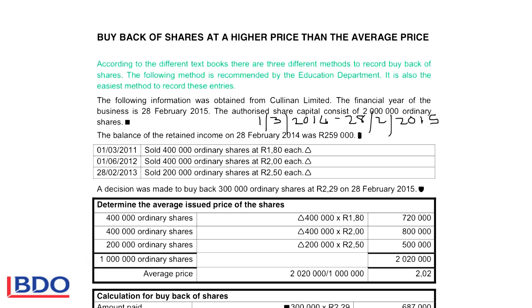Any transactions before 1 March 2014 are before the current financial year and will form part of the balance. Any transactions between 1 March and 28 February 2015 will be entries for the current financial year.